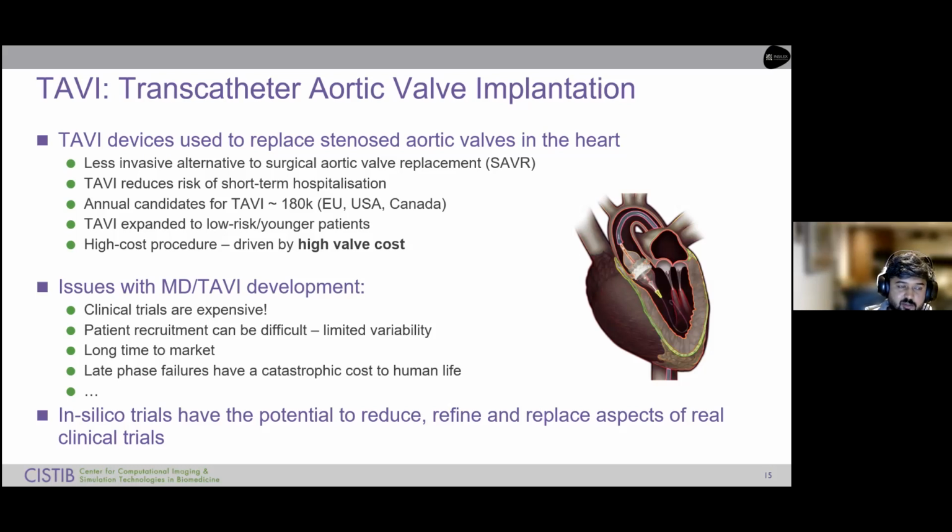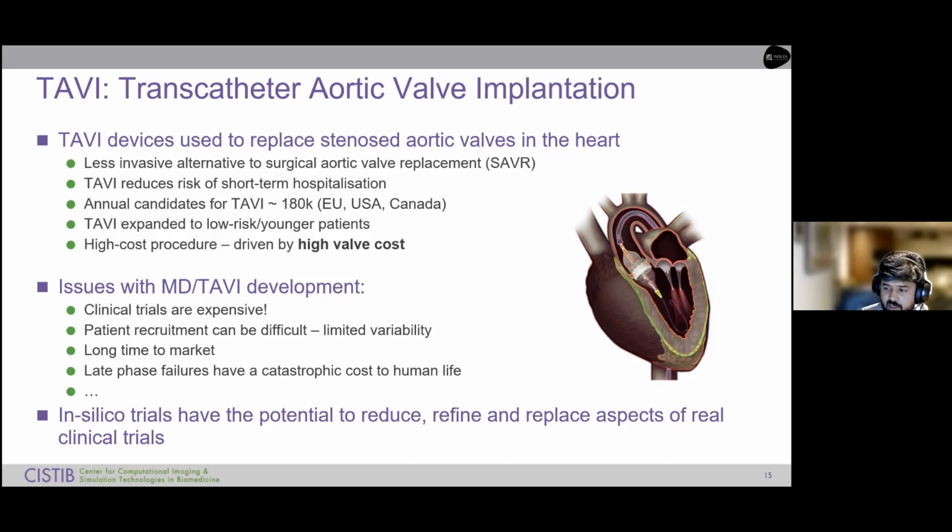All of this impacts the time it takes to get a medical device to market as well, because conducting these clinical trials and being able to recruit patients usually takes years to complete, which means that from the time an idea for a device is conceived to when it actually is available on the market to improve someone's quality of life or population's quality of life, it's usually anywhere between 3 to 6 years, if not longer.